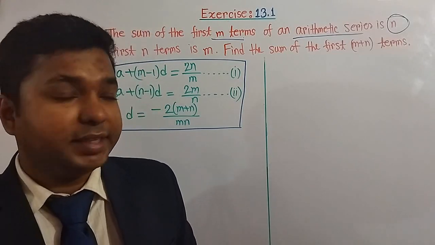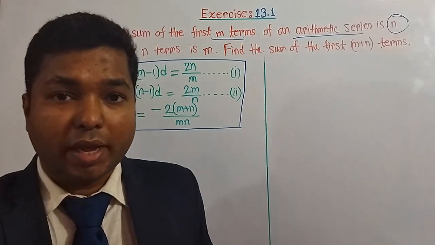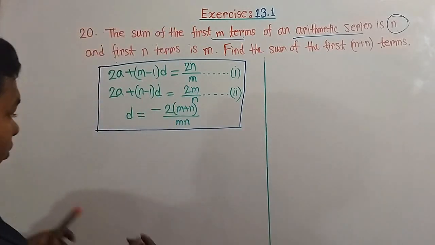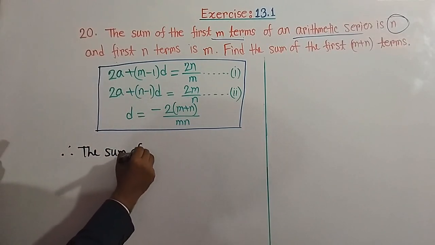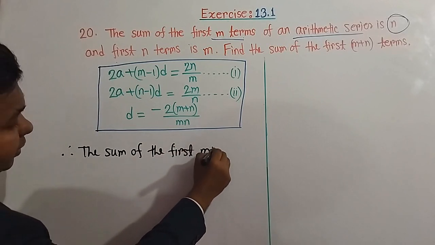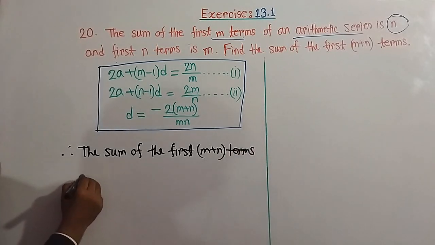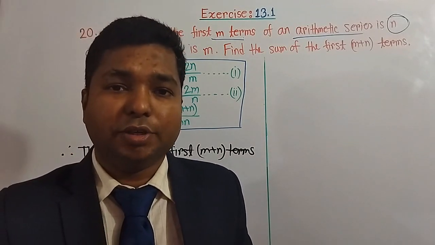Now our question is to find the sum of the first m plus n terms. So the sum of the first m plus n terms equal to, as you all know, the formula n by 2 into 2a plus n minus 1 into d.